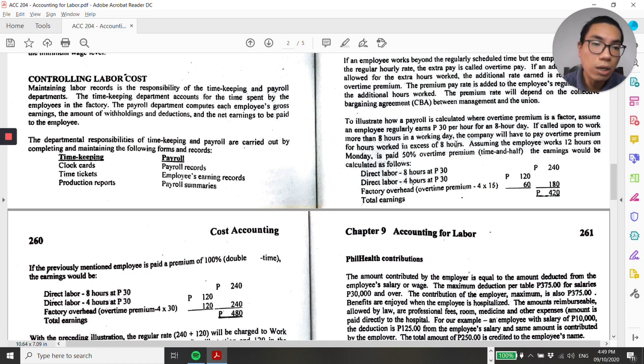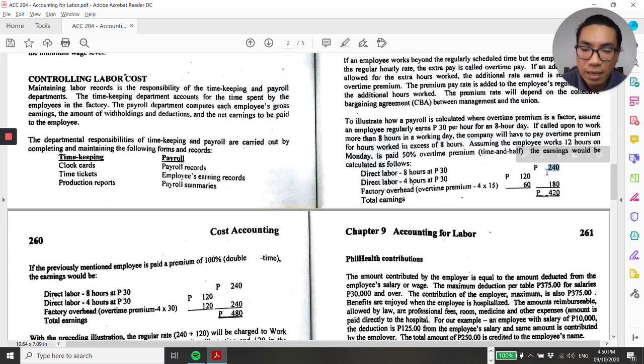Supposedly, without overtime work, his salary for that day is 240 pesos. That's why the first component of our direct labor is associated with the regular hours worked within that day, and that's why we have 240 here.